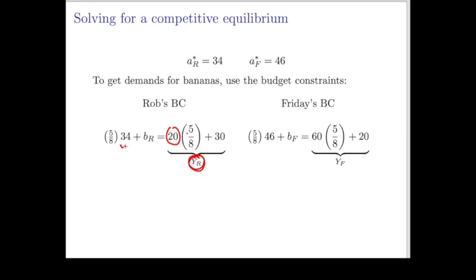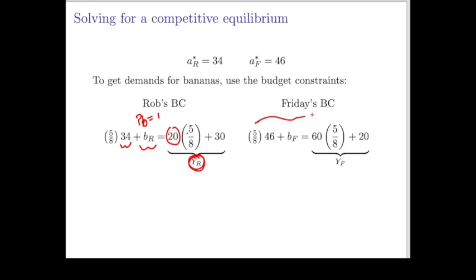Now we know he consumes 34 apples, and the price of apples is 5/8. The price of bananas is 1. So on the left side of his budget equation, there's just a BR. So we've got 5/8 times 34 plus BR has to equal his income.